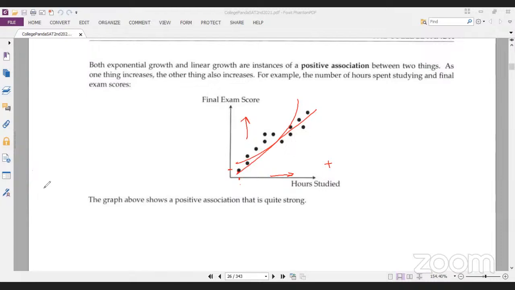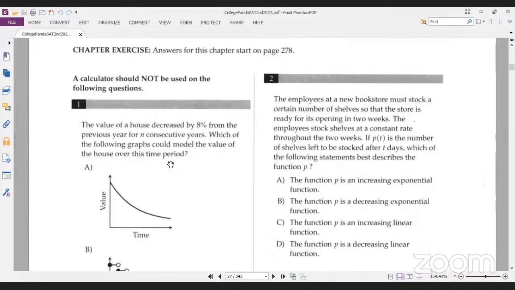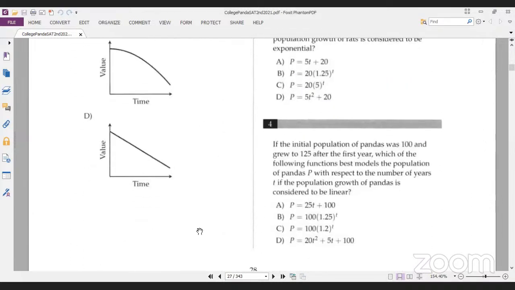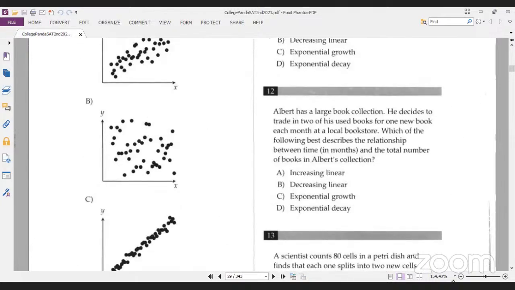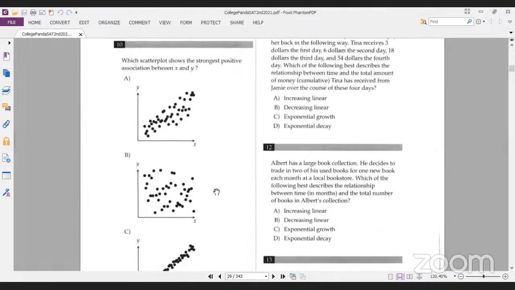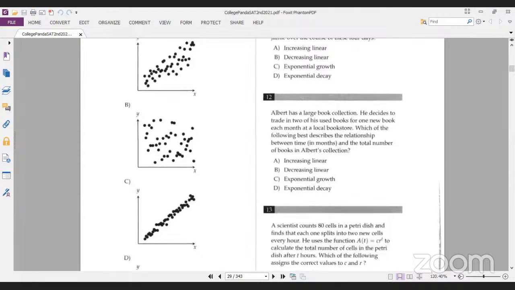Now about the strength or weakness, the force of this relationship. This is a real example from a previous paper: which scatter plot shows the strongest positive association between x and y? He didn't give us any names, just x and y.